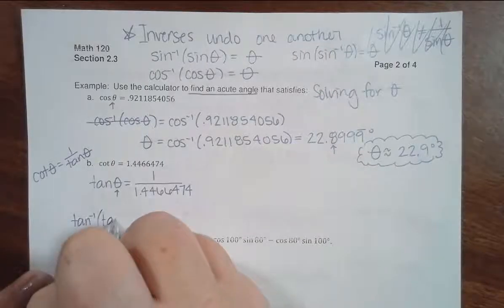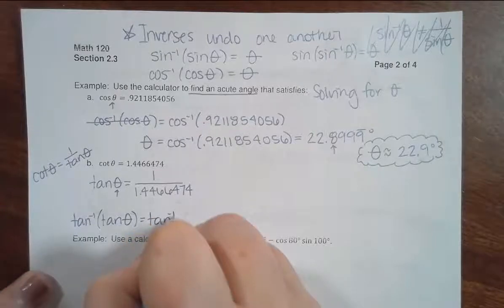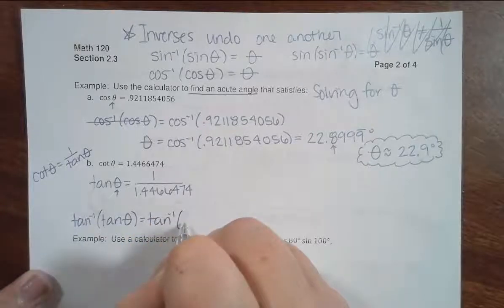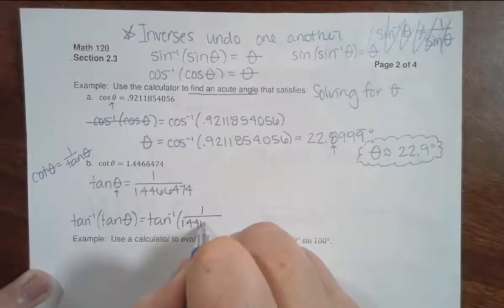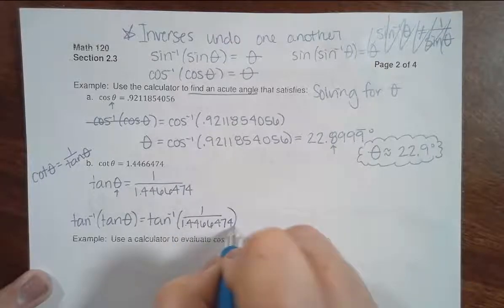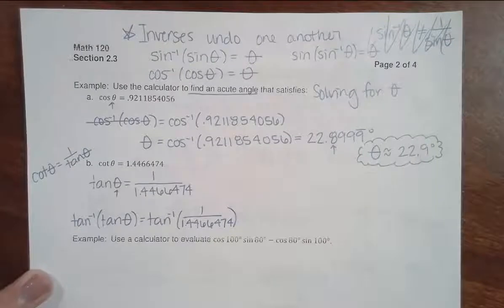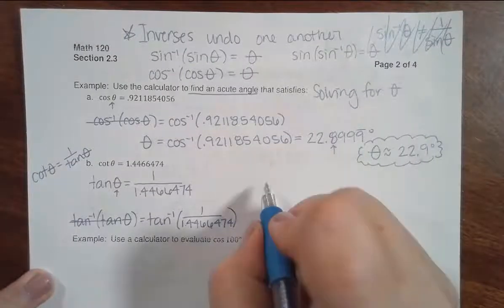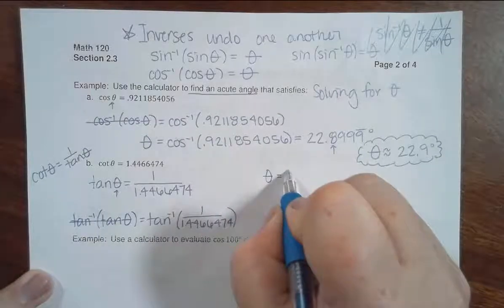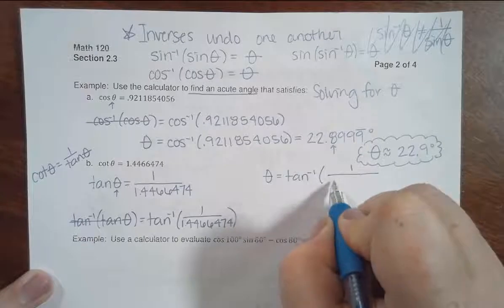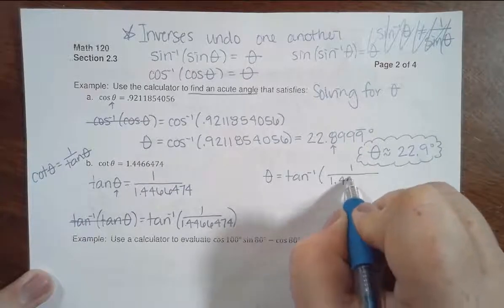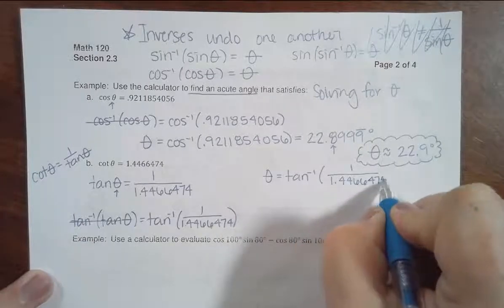So I'm going to do tangent inverse of this nasty fraction I just created, right? That way my tangent and tangent inverse will cancel, and I end up with theta is equal to tangent inverse of my big ugly fraction, right? 1.4466474.